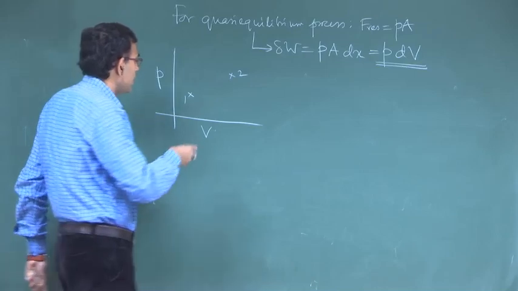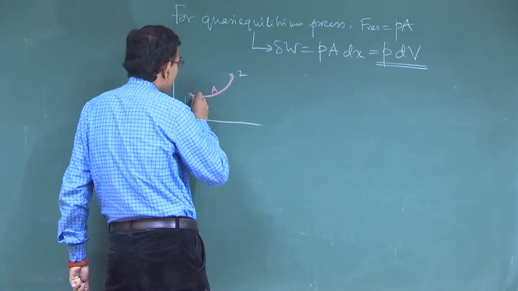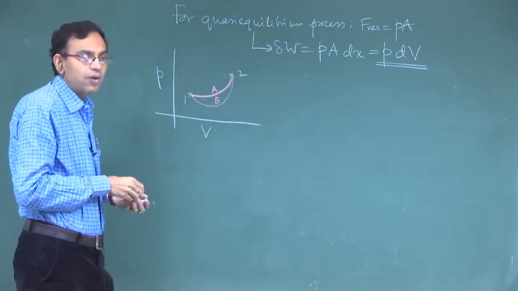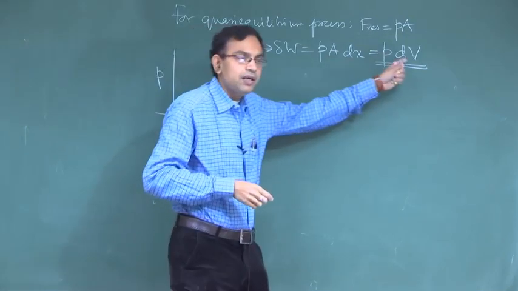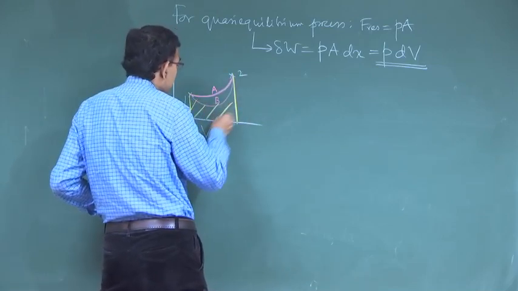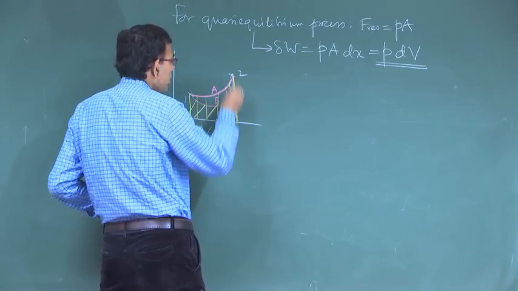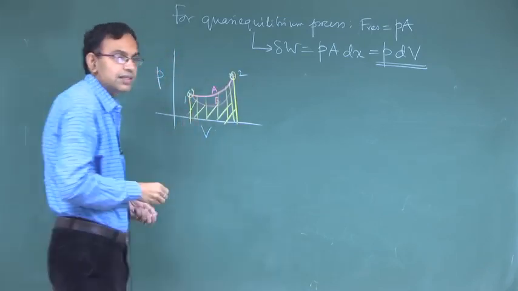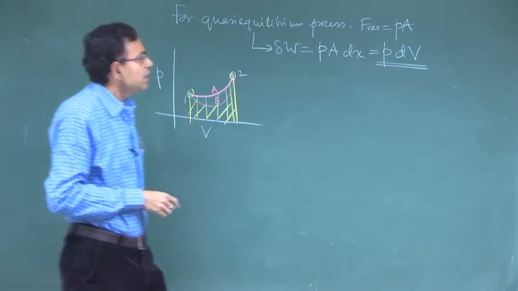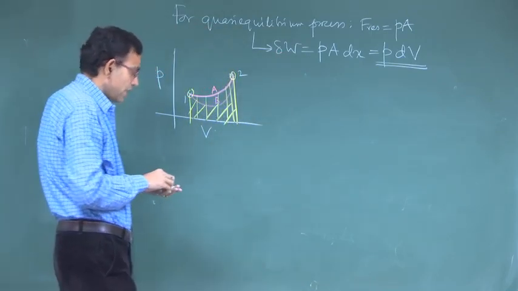While going from state 1 to state 2, you might have a path A, you might have another path B. The work done is the integral of P dV, right. So, that is the area under the curve. So, the area under this curve is different from the area under this curve, although the state points 1 and 2 remain the same. So, that is why we say that it is a path function and therefore, delta W and not dW.